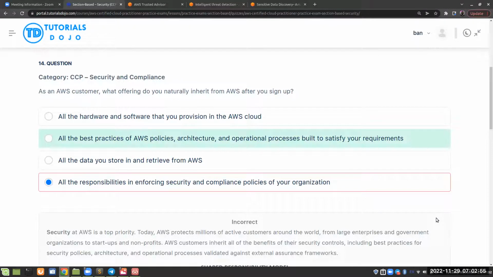So it's none of that. As an AWS customer, what offerings do you naturally inherit from AWS after you sign up? Do you naturally inherit all the hardware and software that you provision? You don't really inherit all the hardware and software, because the question is, what do you naturally inherit?